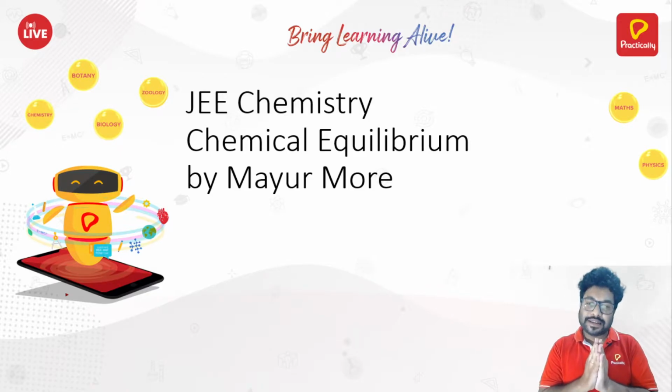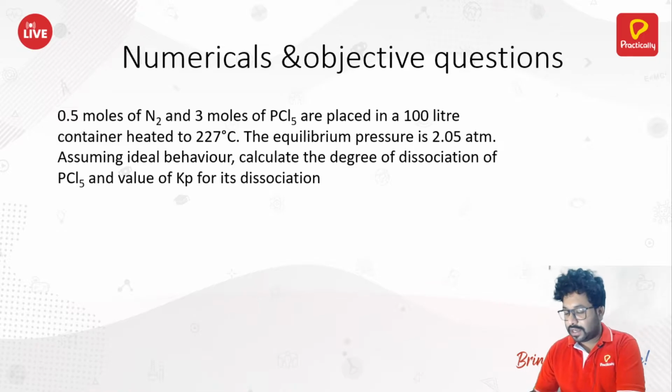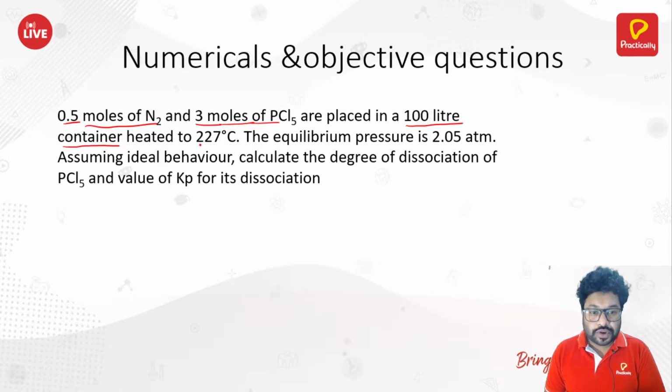So let's begin. The very first question is a numerical. What does it say? 0.5 moles of N2 and 3 moles of PCl5 are placed in a 100-liter container heated to 227 degrees Celsius.